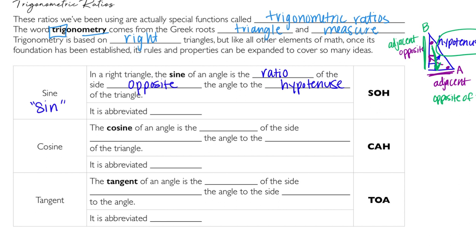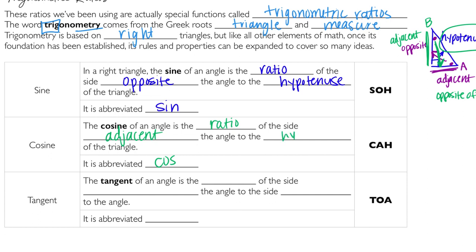The second one is called cosine. Everybody say cosine. Cosine is abbreviated COS. The cosine of an angle is the ratio, so again, just a fraction, of the side that is adjacent to a given angle to the hypotenuse again.